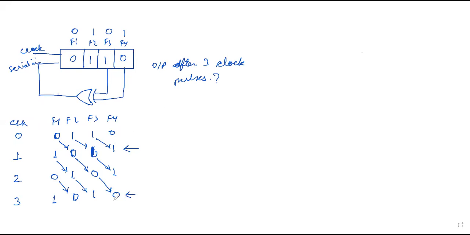Okay, so let us take one more question. More or less the question will be the same. Let me draw that. Here also we have a 4-bit shift register. One is the clock, the second one is the feedback.